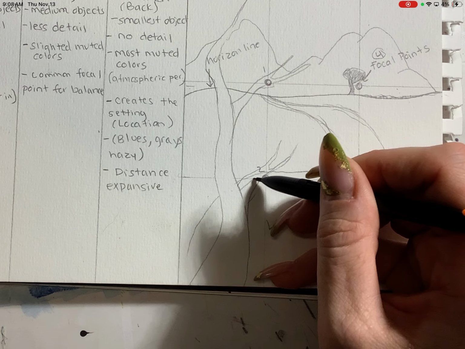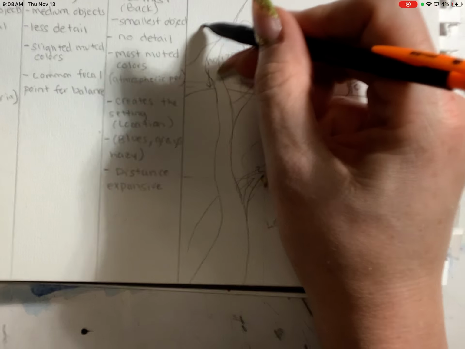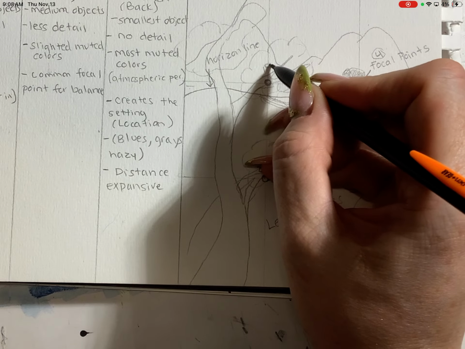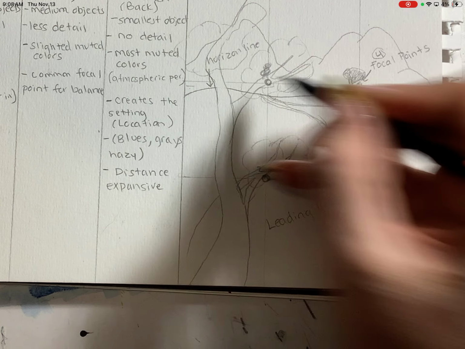Maybe there's a hole in this one. You get the idea? Yeah. So you could have a bunch of leaves, right? Maybe there's a bird perched on this one, all right?